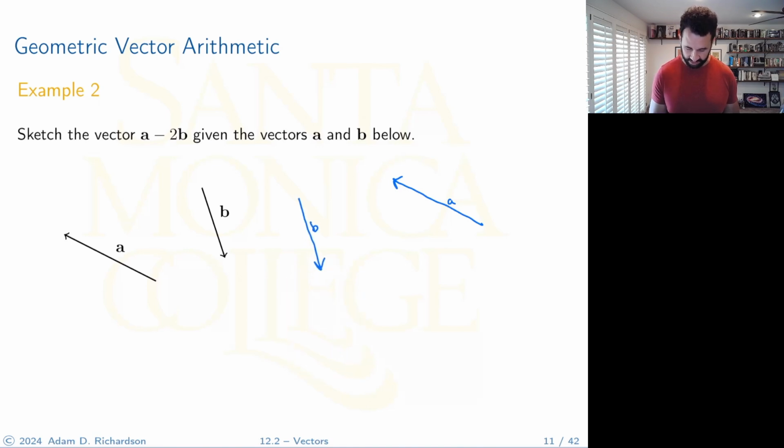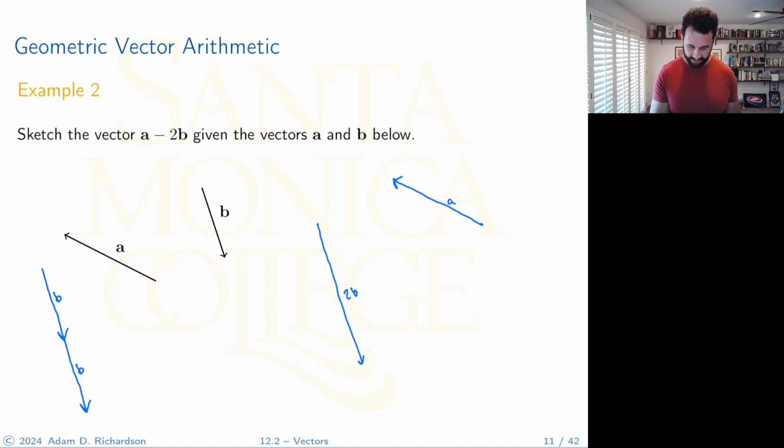Again, I'm going to use technology to my advantage here. Copy, paste. There you go, tip to tail there. And now this is the vector 2b. Right, move that over there for a minute. Now I've got the vector 2b.